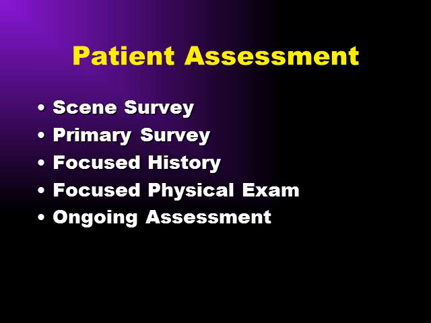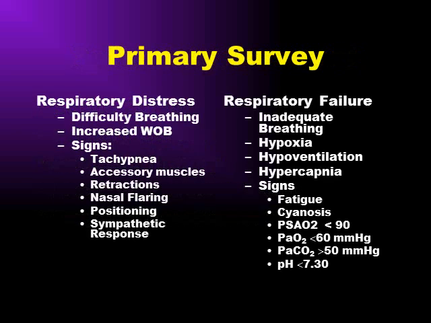Ongoing assessment: everything that we're doing, whether it's checking oxygen saturation, respiratory sounds, auscultating, wheezing, you need to repeat those before and after treatment and regularly. As you look at the patient, try to determine early whether they're in distress or failure. A patient in respiratory distress has difficulty breathing and increased work of breathing.